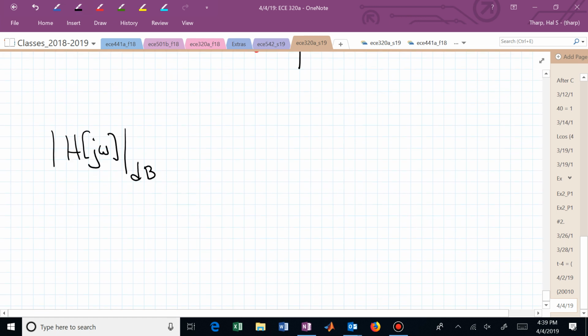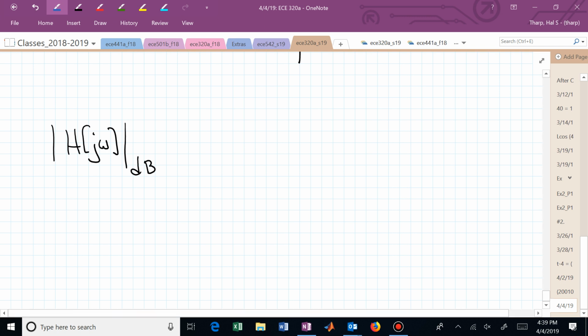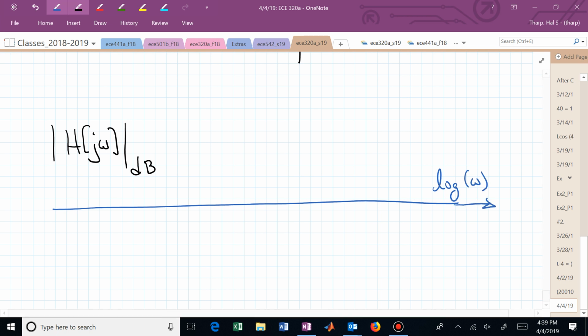And I had red and black, so let me make my 0 dB line there. There's my log of omega. And relative to both cases, I have 2, and then I had 10.